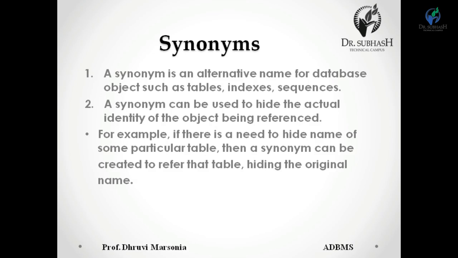Also hide the index name, also hide the sequence name. For example, if we need to hide the name of some particular table, then a synonym can be created to refer to that table and hide the original name of the table. That means a synonym is used to hide the actual name of the table, index or sequence.